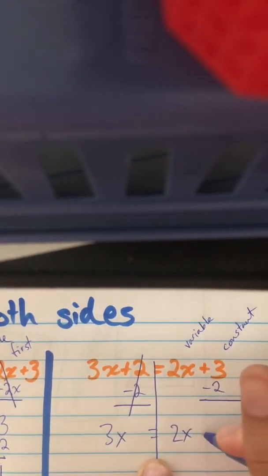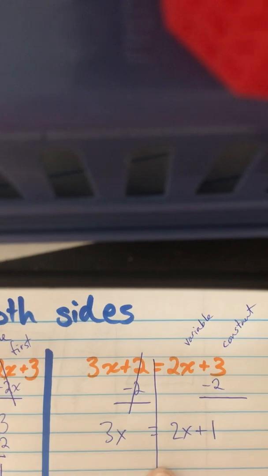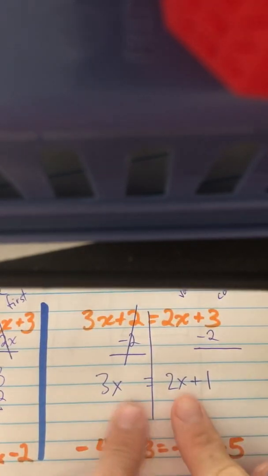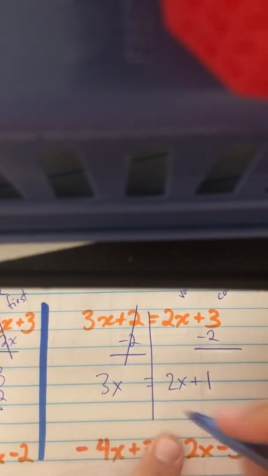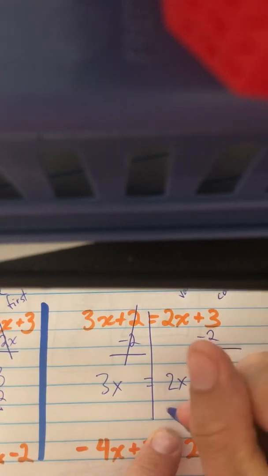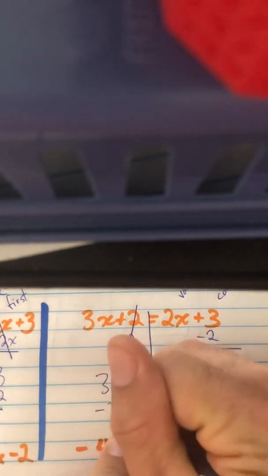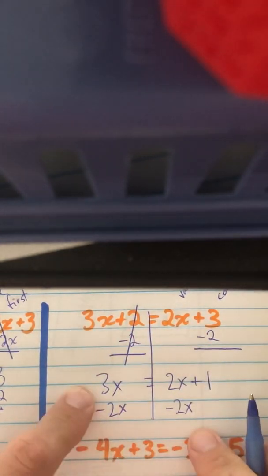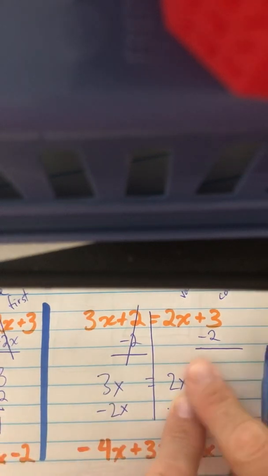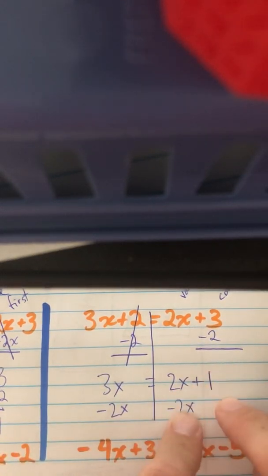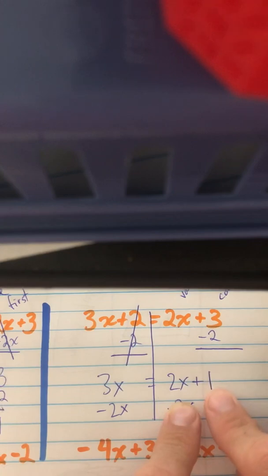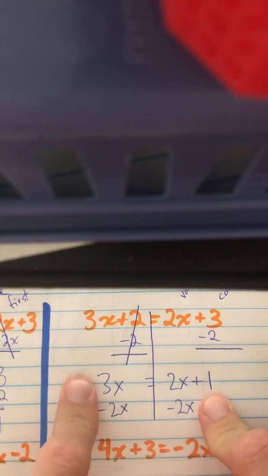3 minus 2 is 1. Now I'm going to have to get the x's together, so I'm going to subtract 2x. Why am I subtracting 2x? Why not 3x? Well, if I subtract 3x, I've got everything over here, x and the constant on the same side. What I want is a constant on one side and the x on the other side.